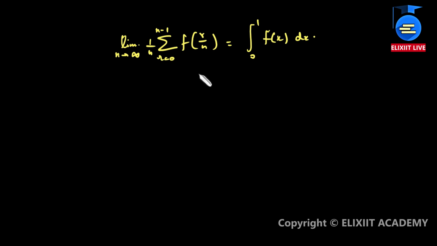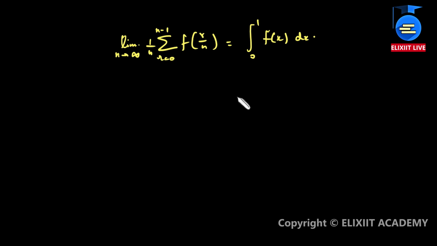So any summation series of this particular format is solved by definite integration. Once again, I'll repeat that the limits of this integration are completely dependent on the limits of the summation.